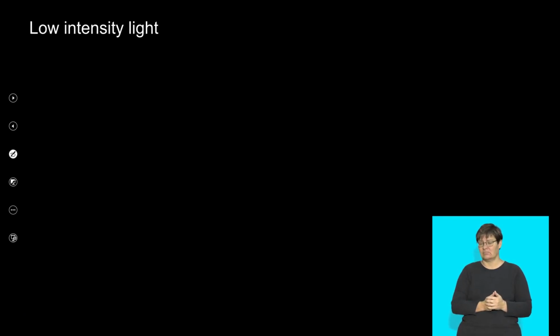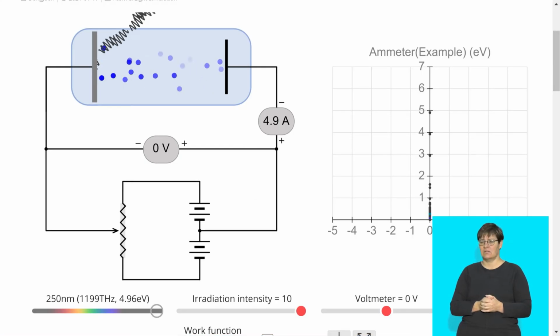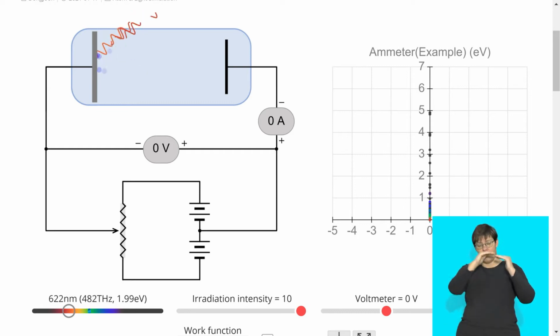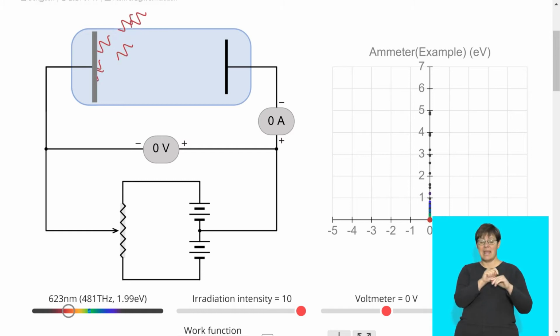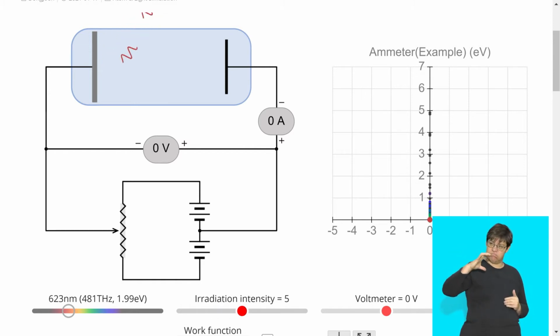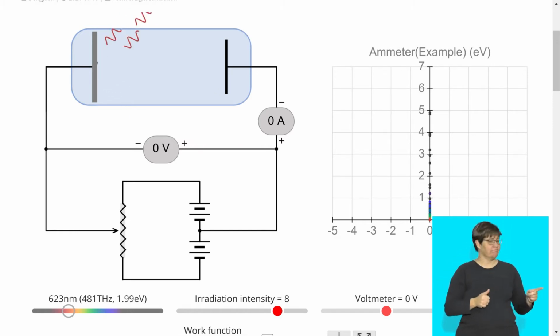We've done that. Low intensity, make a note for yourself that intensity is brightness. I do want to show you just one thing quickly on that note. If we go back here, and we go below the threshold, no electrons are coming off. I need you to see something. Even if I start here and I keep increasing the intensity of the light, it doesn't matter how bright I make this light. It makes no difference.